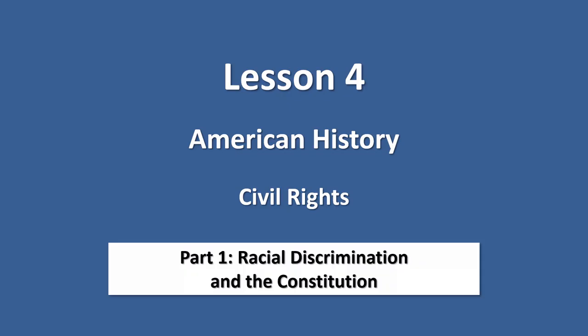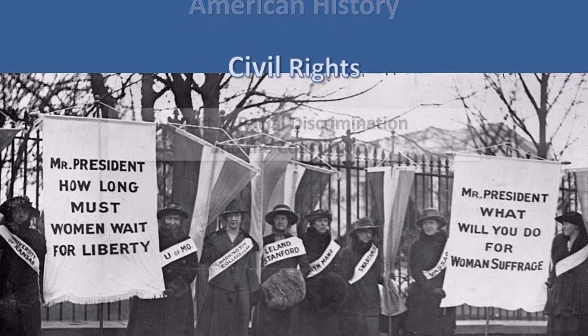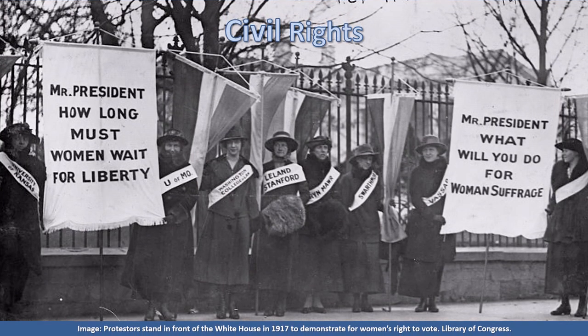This lesson explains some of the history, tactics, and results of the women's suffrage movement and the civil rights movement in the United States. It discusses methods Americans used in the late 1800s and in the 1900s to petition the government to end many forms of sexual and racial discrimination that were authorized by federal, state, and local laws of the time.